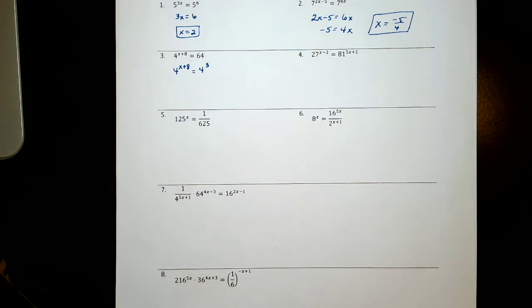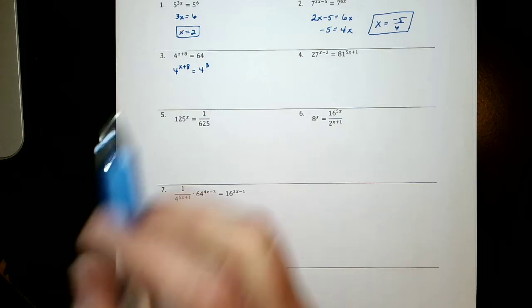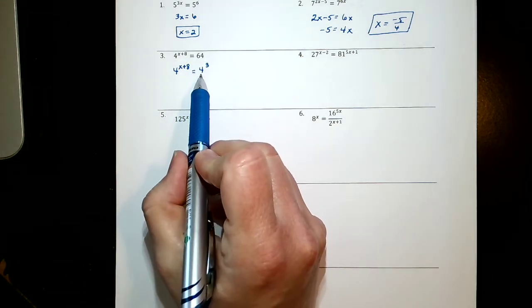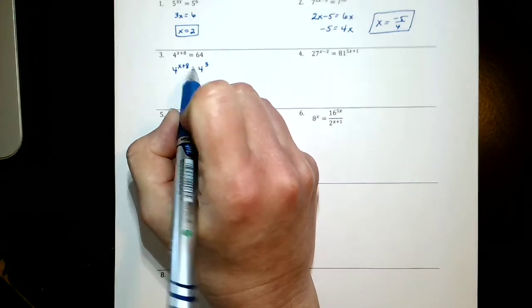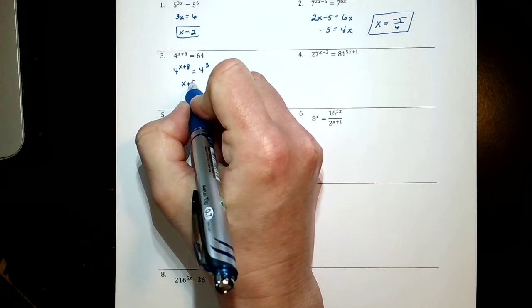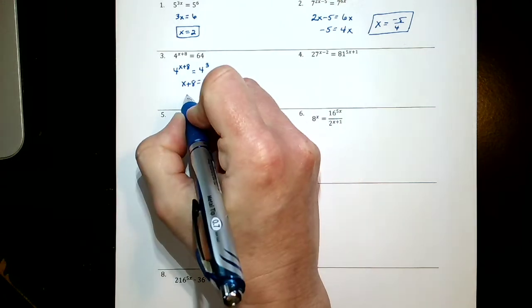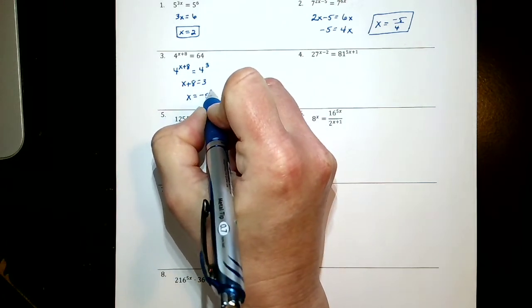In the practice problems document, I have a whole table of common powers that you should be familiar with. And if you're not familiar with them, at least you'll have them in front of you while you're doing this assignment. So you would have been able to see that 64 is the same thing as 4 to the 3rd. Now, since our bases are the same, we can just jump right to setting our exponents equal to each other. And we get that x is equal to negative 5.